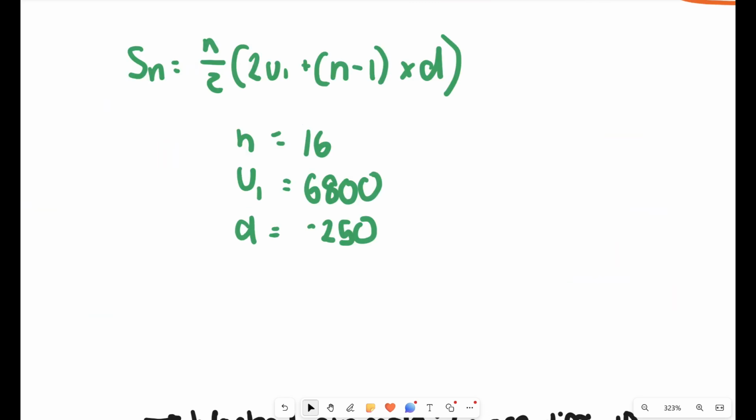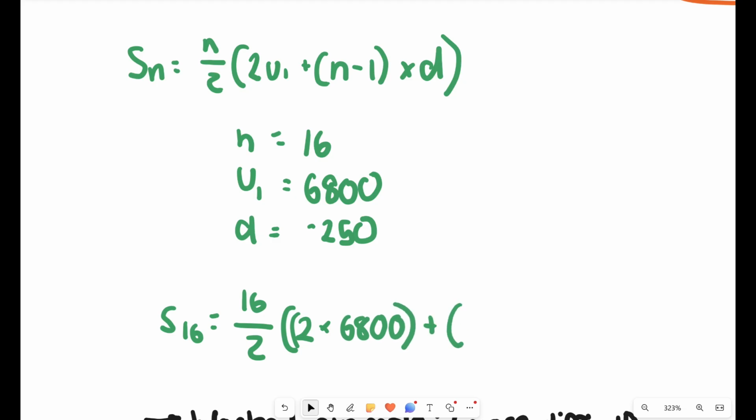I'm going to write out the equation again, but this time I'm going to input the values of each of the parts of the equation. So S16, the sum of the first 16 terms, would be 16 divided by 2 multiplied by, in brackets, 2 times 6,800 plus (16 subtract 1) multiplied by negative 250.